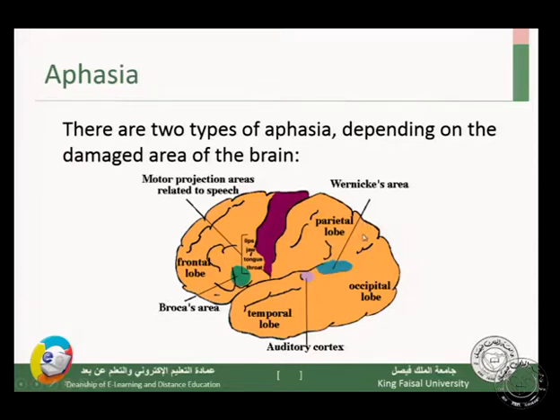Scientists have been noticing that people who have damage to this area, which is called Broca's area, located in the frontal lobe of the left hemisphere of the brain, in front of the left side of the brain.